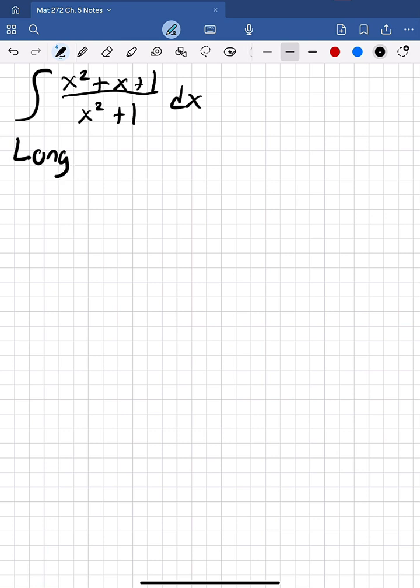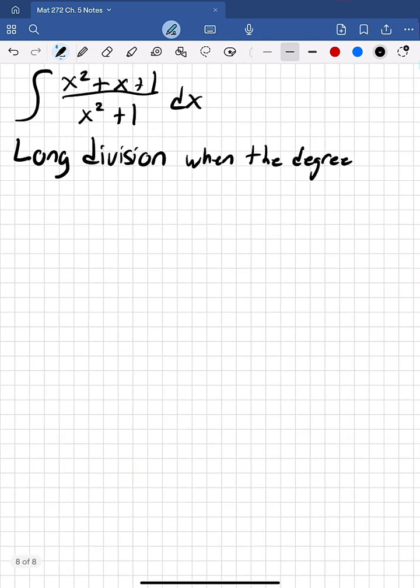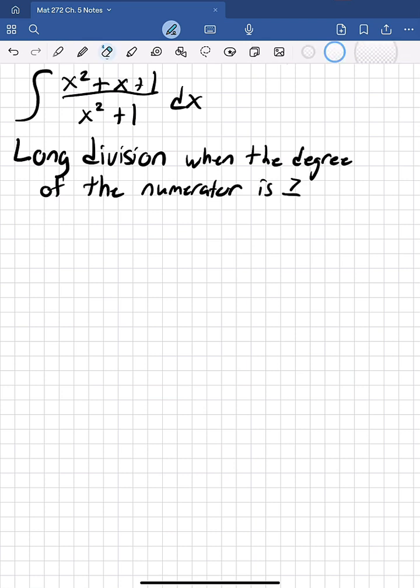So we can use long division when we have something like this, before we integrate, when the degree, so the power of the highest power in the numerator and denominator, when the degree of the numerator is greater than or equal to the degree of the denominator.